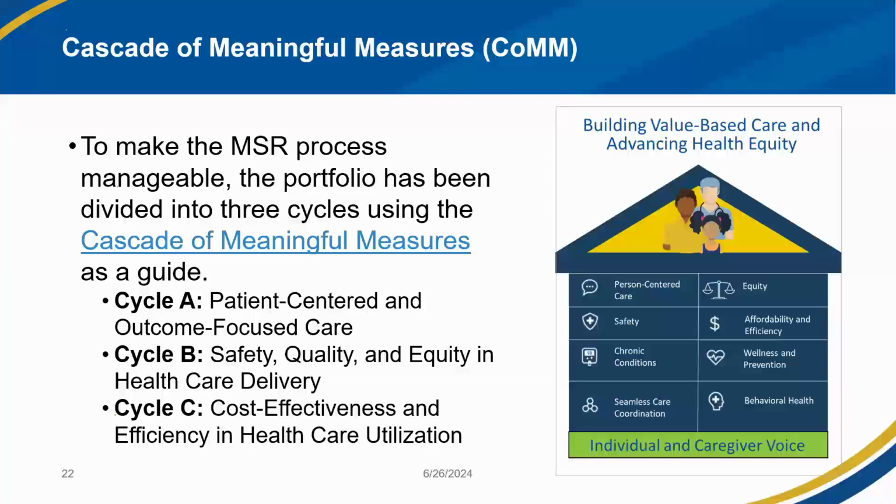And for those of you who are not familiar, the cascade of meaningful measures is a tool to help prioritize existing healthcare quality measures, to help align or reduce the number of measures and identify where there are gaps or where there's a need for measures to be developed.